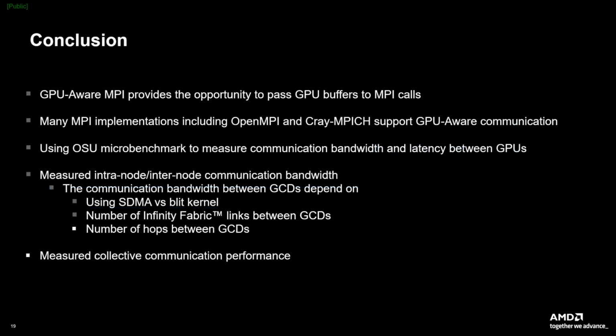So to conclude, we showed that GPU-aware MPI provides the opportunity to pass GPU buffers to MPI calls. Right now, many MPI implementations have support for GPU-aware communication, including OpenMPI and CrayMPI, although we need to sometimes set an environment variable or link GTL, like for example for Cray MPICH, to enable GPU-aware communication for these implementations.